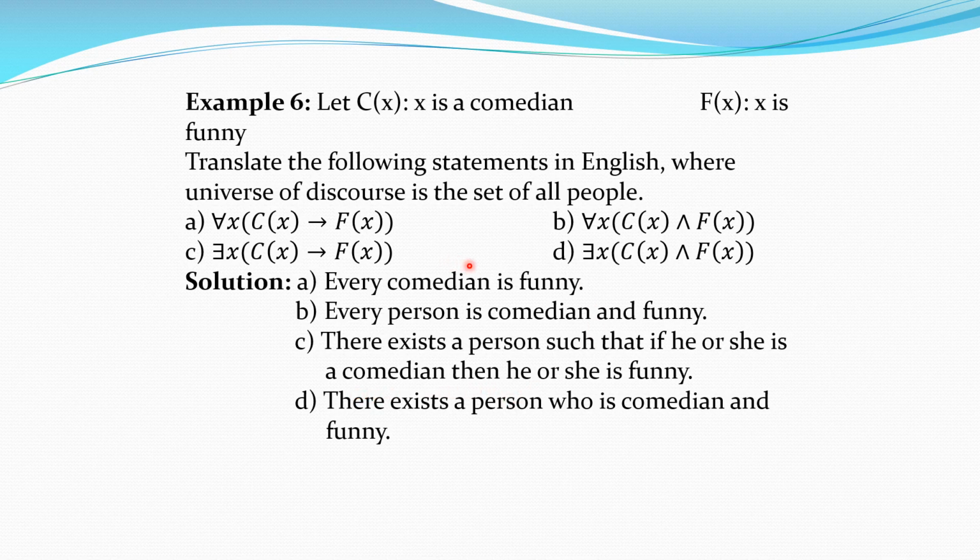Now D, there exists x, C(x) and F(x). Now this is similar to part B. Only thing is instead of for all x, the quantifier is there exists. So instead of writing for all persons, we write there is a person or there exists a person who is a comedian and funny, because here we combine C(x) and F(x) by using the logical connective and.